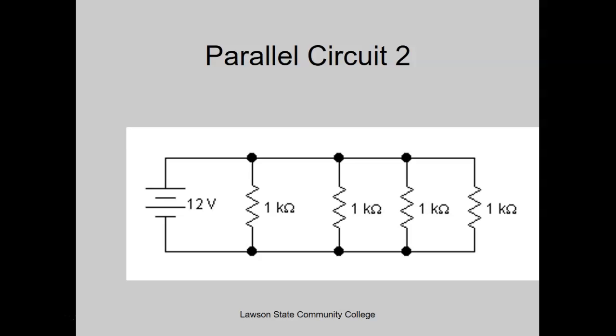The inverse of 1 kilo ohm is, if I remember right, 0.1. Or is it 0.01? Yeah, it's 1 milli. So it'd be 0.001 for each one of these.